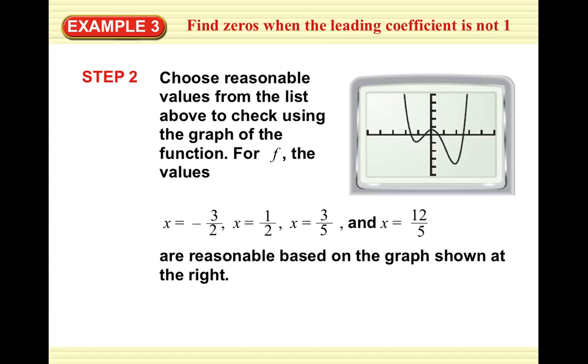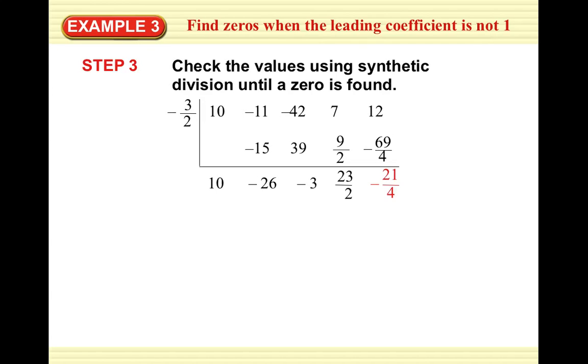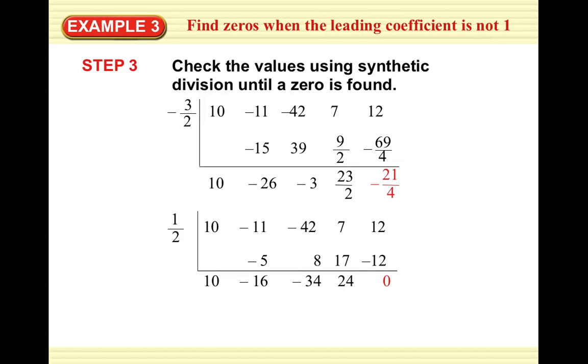All right, so check those values, and we're going to keep checking until we can come up with a possible solution. Plugging in our first reasonable one based upon our graph, we have negative 3/2, plug it in through synthetic substitution, not a 0. So we plug in 1/2.